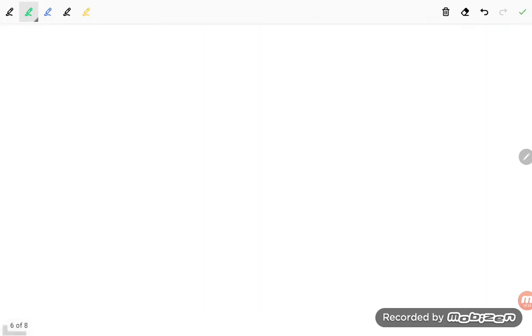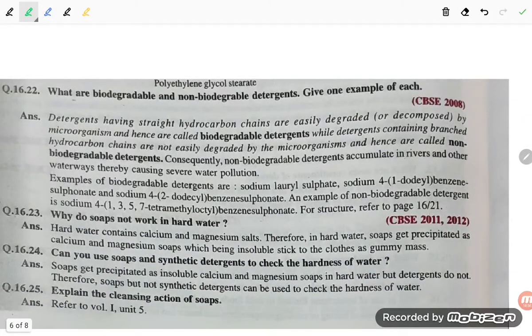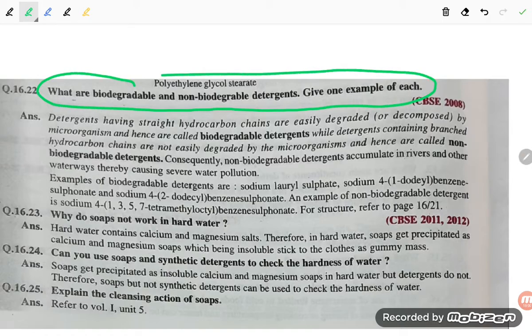Next question, question number 22. What are biodegradable and non-biodegradable detergents? Give one example of each.